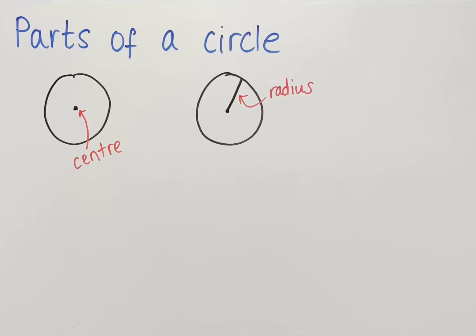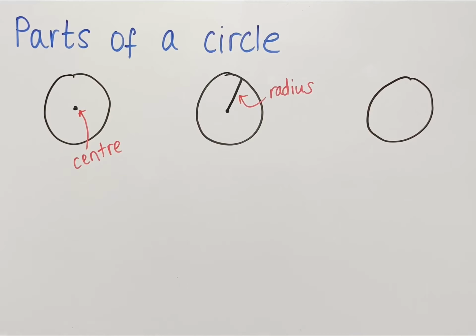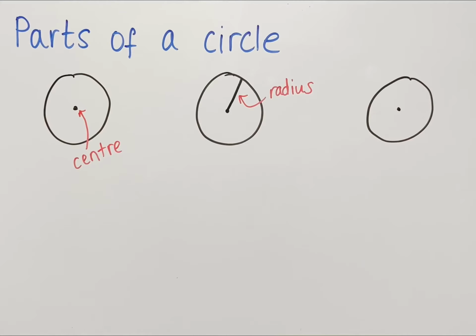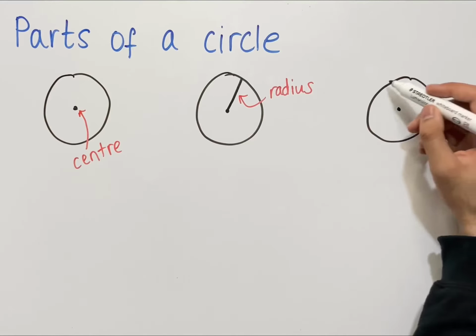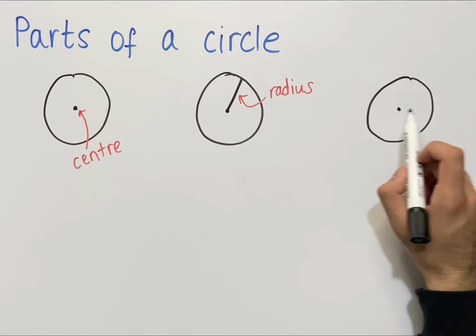We can also have something called the diameter. So by definition, the diameter is the distance between 2 points on a circle connected by a straight line that passes through the center. So if we draw the center in, then we can choose any 2 points on the circle, provided that we can join those 2 points with a straight line that passes through the center.